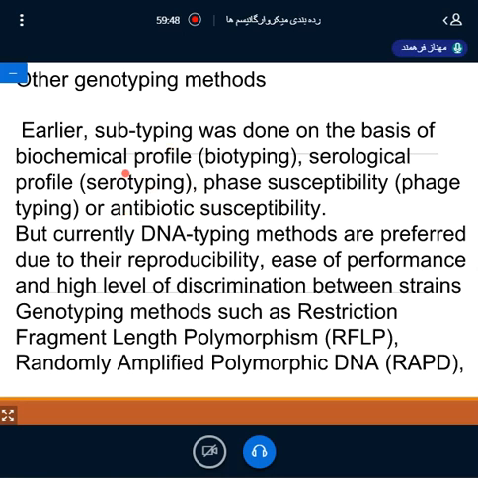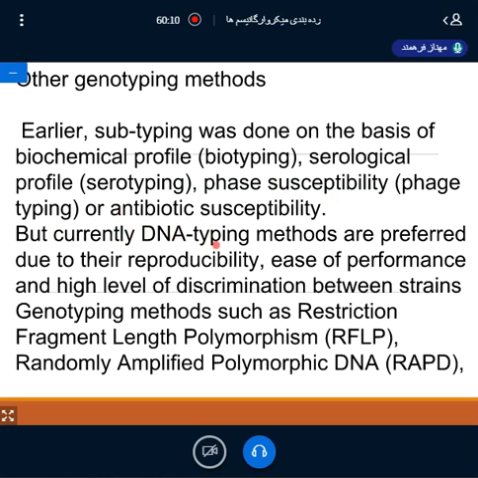When we investigate biochemical properties, we are doing biotyping. When we are searching for serological profile, we are doing serotyping, and phage susceptibility is named phage typing or antibiotic susceptibility.